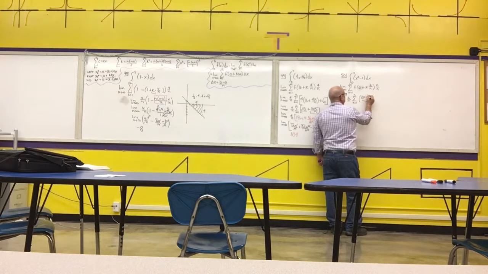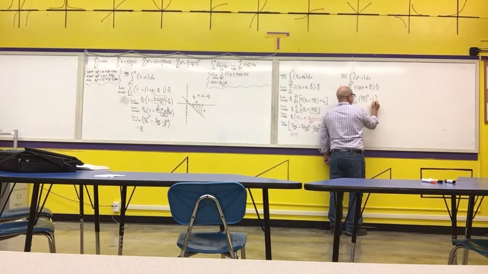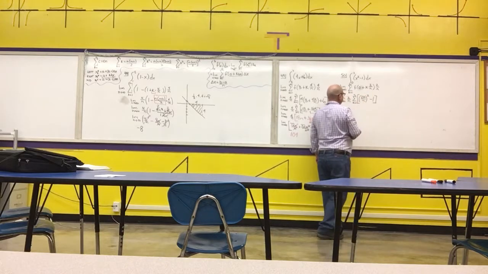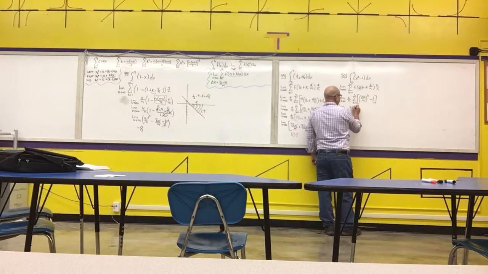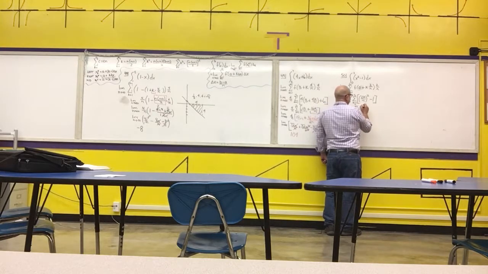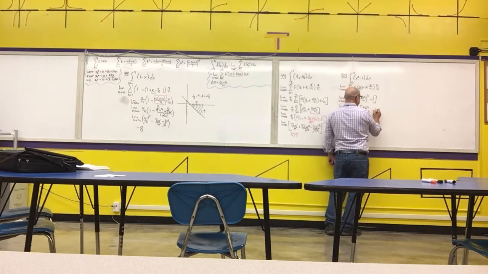So that's x squared minus 1. I'm now going to square what's in the brackets. Limit as n approaches infinity of 2 over n, the summation, k equals 1 to n, 4k squared over n squared minus 1.